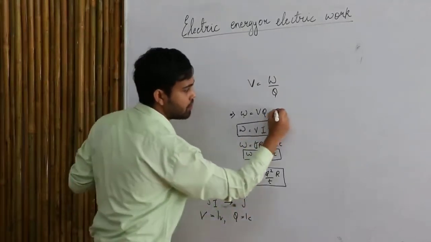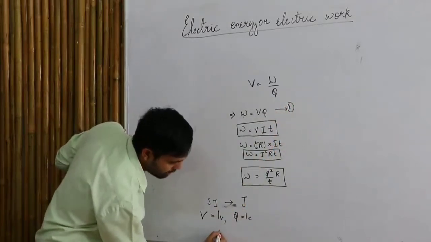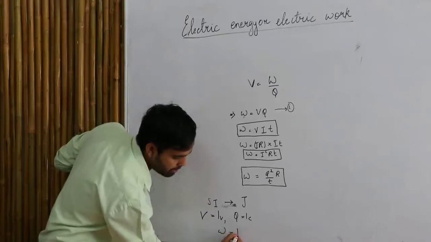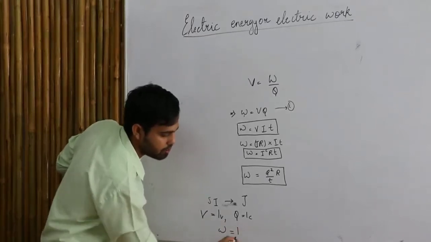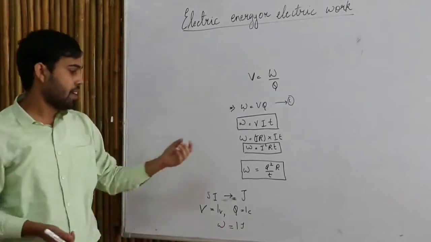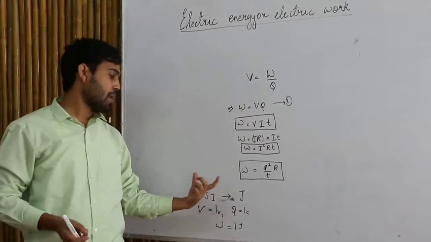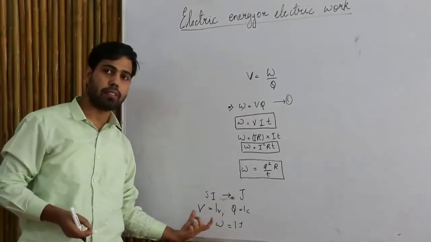So if this is my equation 1, my equation 1 will change in this way. I have my electric work is equal to 1 volt into 1 coulomb, which is equal to 1 joule. So when is 1 joule amount of work said to be done? If 1 coulomb of charge flows through a conductor maintained at a potential difference of 1 volt.